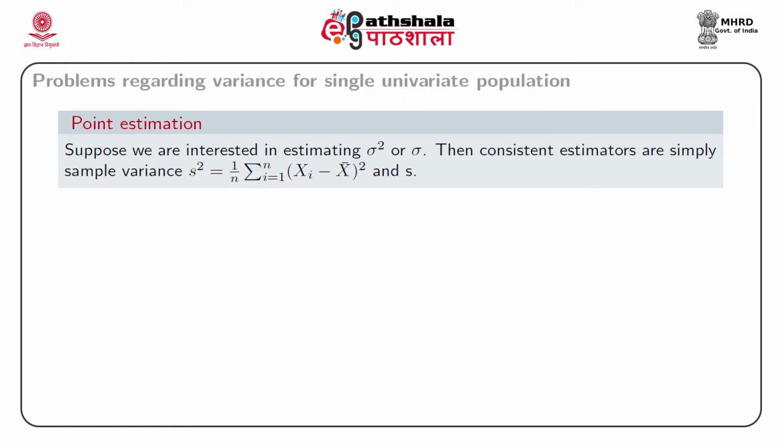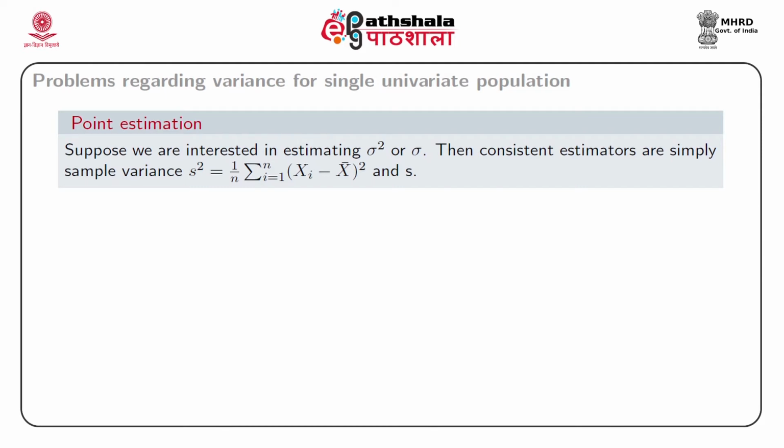Suppose we are interested in estimating sigma square or sigma, that is population variance or population standard deviation. Then consistent estimators are simply the sample variance s square, which is defined as 1 by n summation x i minus x bar square, and it was proved earlier that s square and s are consistent for sigma square and sigma respectively. So these are good estimates, at least in large samples, for the mentioned parameters.